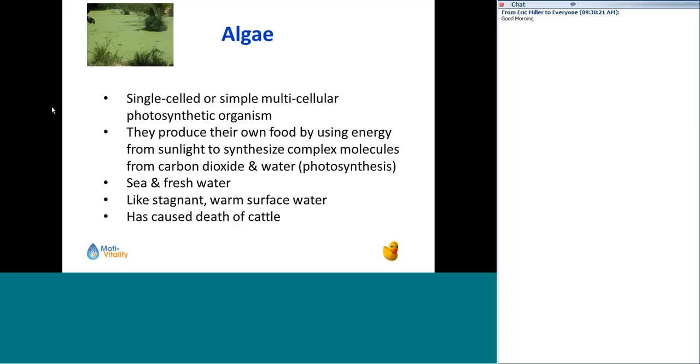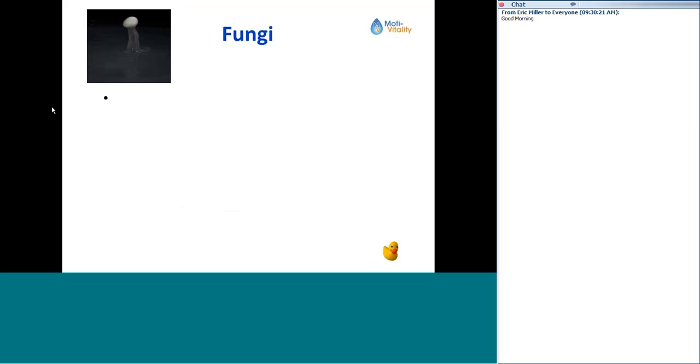Just a suggestion, something you might want to take from this class: if you have a bunch of dead cows lying around a pond with a bunch of green stuff on top, don't drink the water without first treating it. I'm here to help you guys.